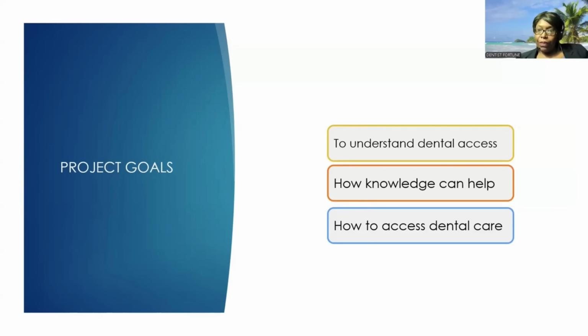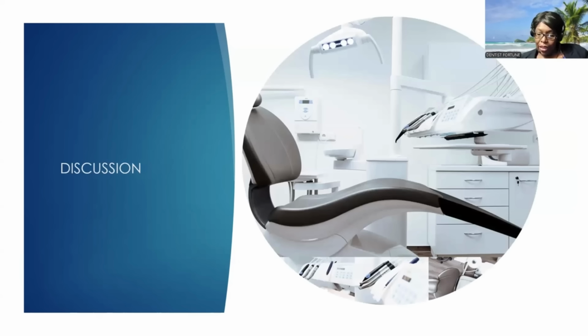What are the goals of this webinar? It's for you to understand dental access, how knowledge can help, how to access dental care. So the discussion is going to be around what is access to dental care. That is, if, for example, you have tooth decay and you want a dentist, how do you find one?